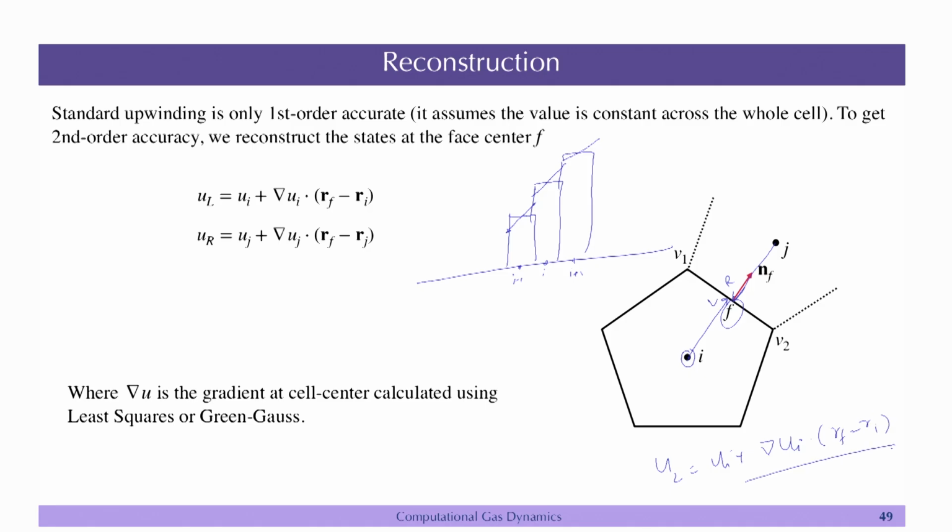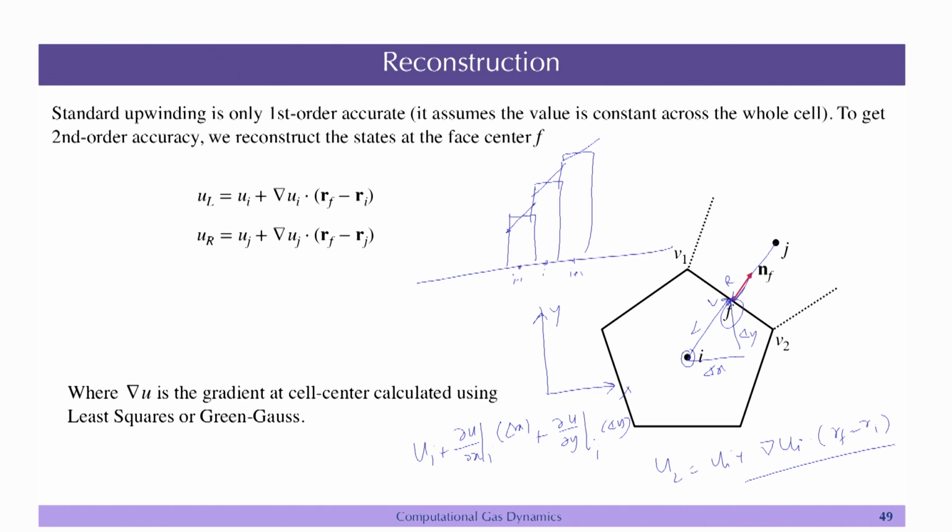If you want to write it in a scalar way, it will be u_i plus del u by del x at i times delta x, where this is my delta x and delta y if I have a global coordinate system with x and y, plus del u by del y, since you need the gradient in the y direction also, times delta y.